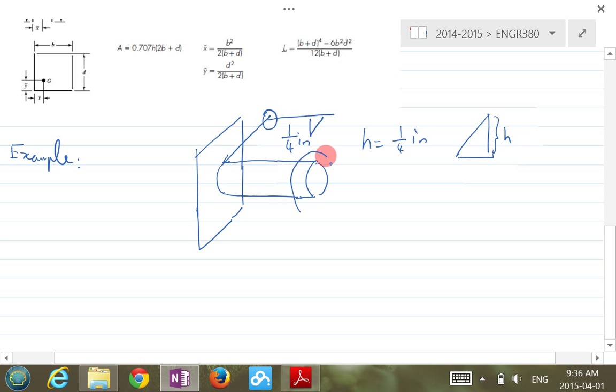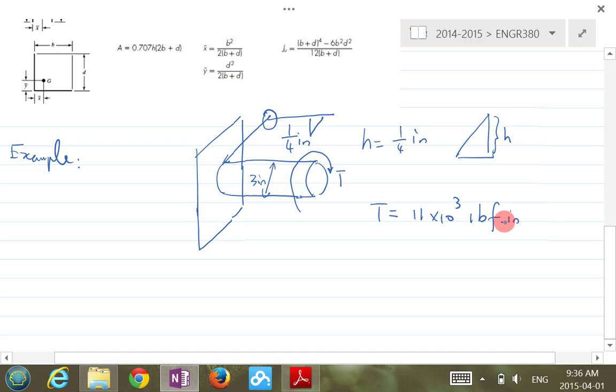Then, let's see. It's subject to a torsion, and the diameter is 3 inch. And T, let's say, equals 11 times 10 times 1,000 pound-force inch. That's the torque.